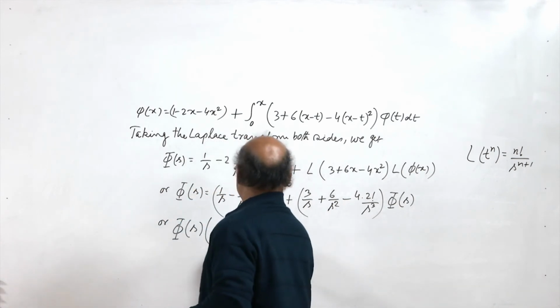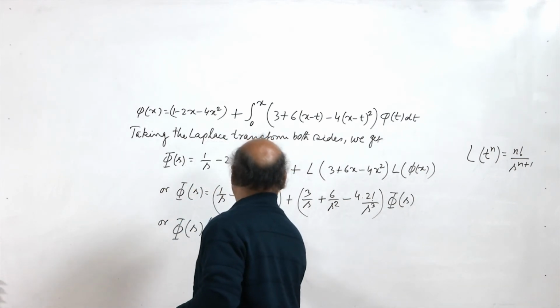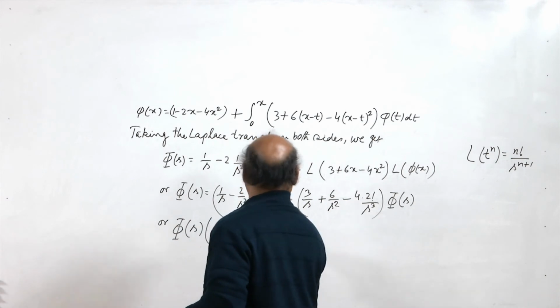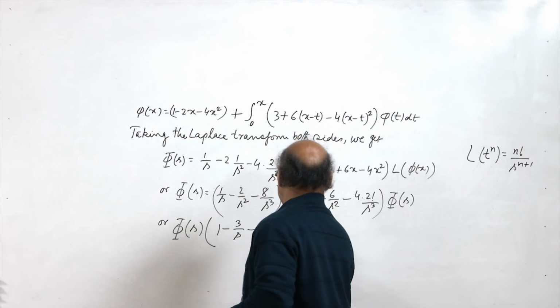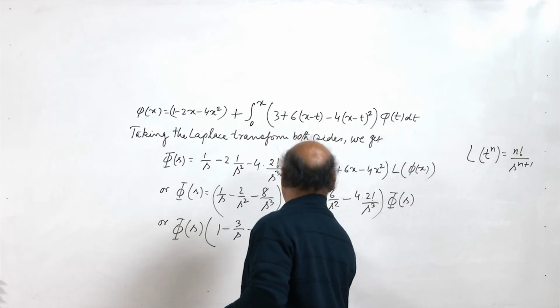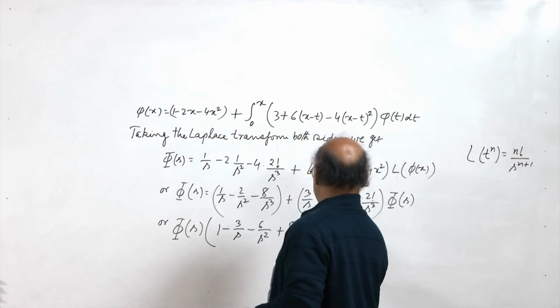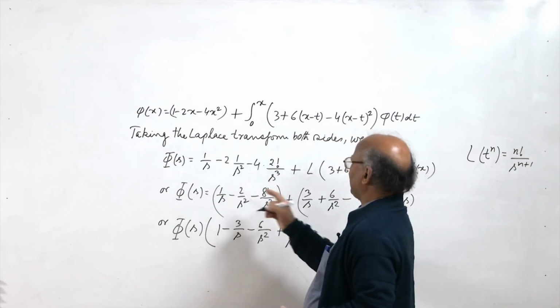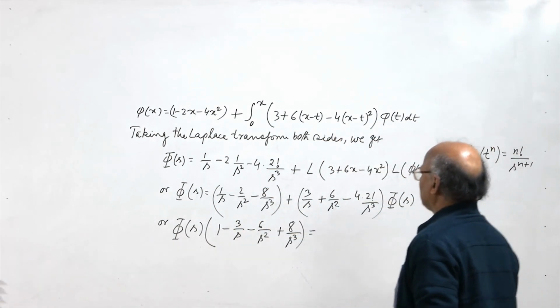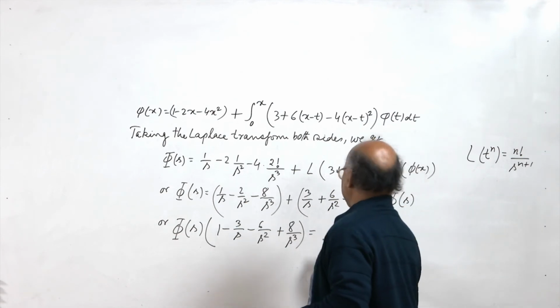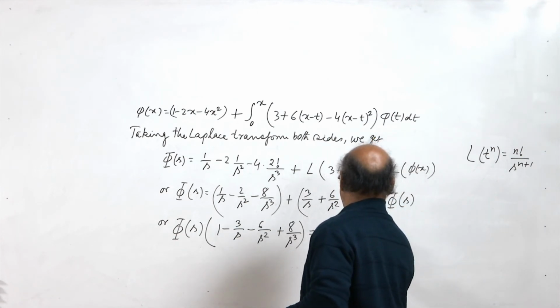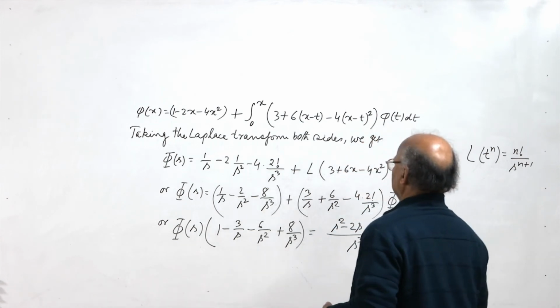So what we get is 1 minus 3 by s minus 6 by s square plus 8 by s cube equal to 1 by s minus 2 by s square minus 8 by s cube. Let us take LCM there. So we get s cube and then we get s square minus 2s minus 8.